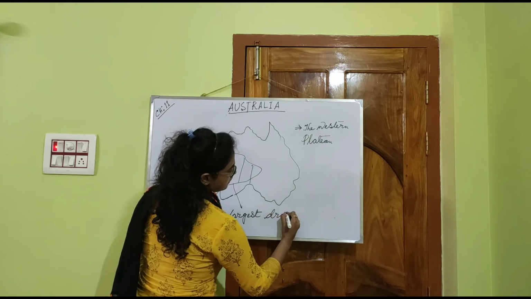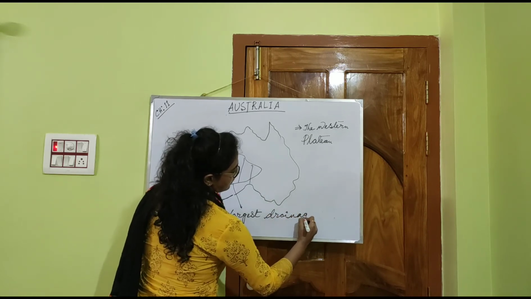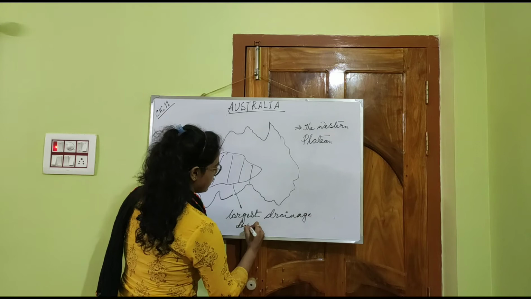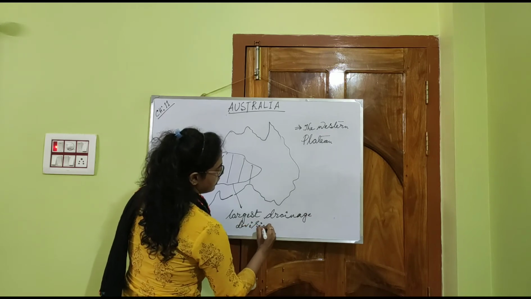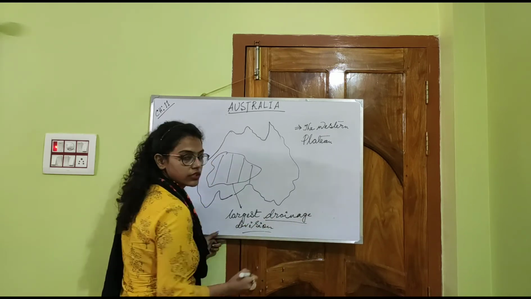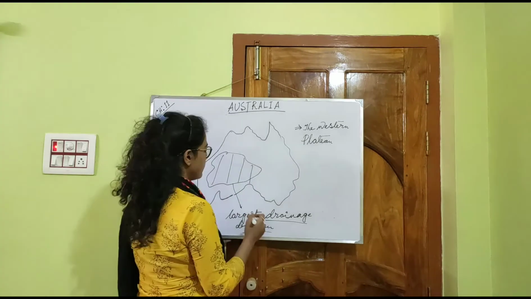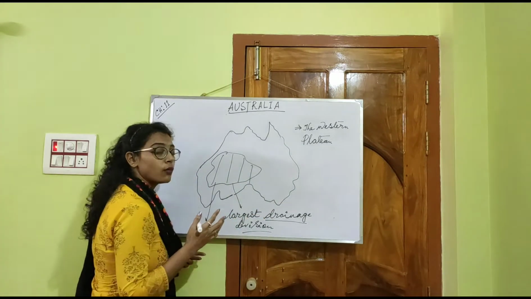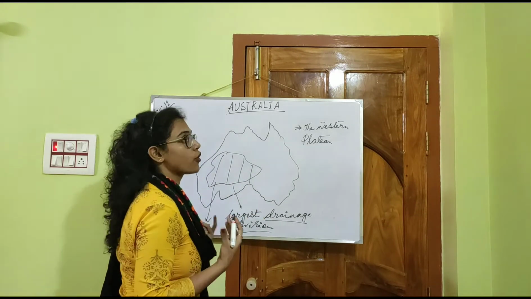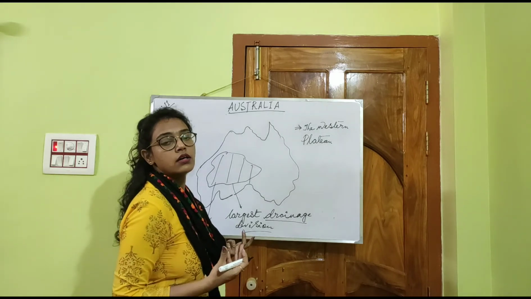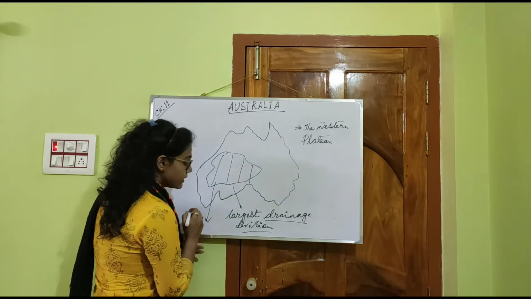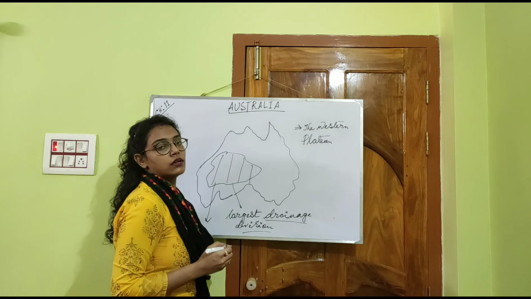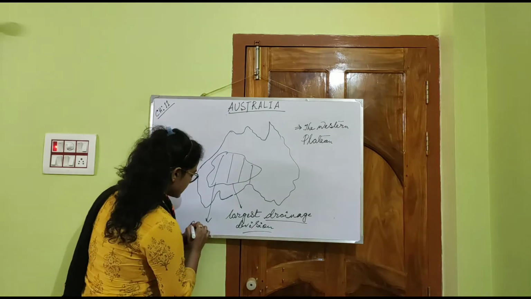drainage division. Australia's largest drainage division is this plateau area, and it is made from the Gondwana land.